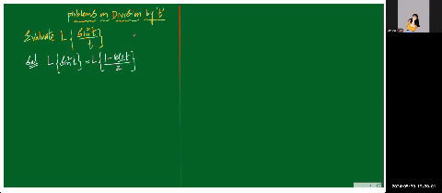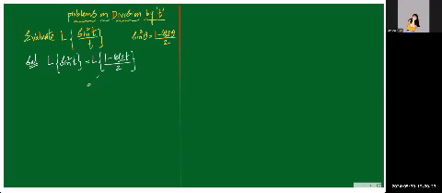This one actually we are using sin square theta is equal to 1 minus cos 2 theta by 2, trigonometry I am using here. Because for the square term, we don't have any integration formula or Laplace formula.